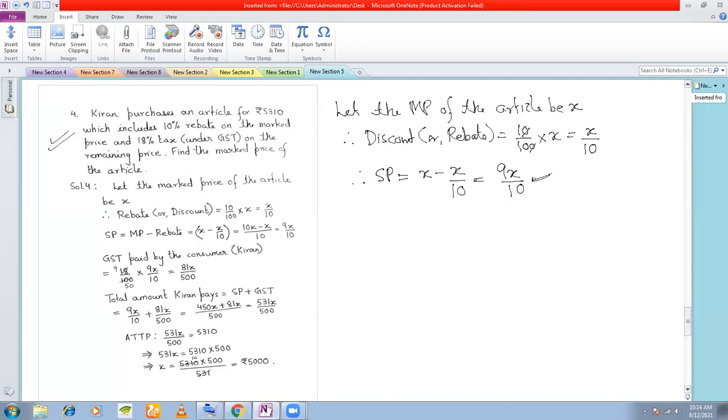In fact, what would you call that GST? Output or input? Suppose the shopkeeper she is buying from, his selling price is 9X by 10, right? And he's applying some GST on this. So what is the GST called, which is applied to the selling price? Output or input? Output.